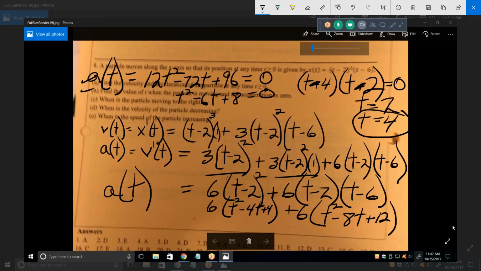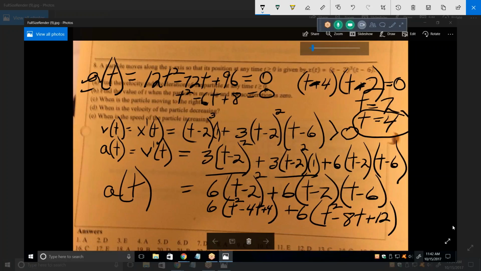Particle's moving to the left when the velocity is negative. So we have to take this velocity function and set it greater than 0. That'll tell us when it's moving to the right. And set it less than 0, and they don't even ask when it's moving to the left. So we won't worry about that.